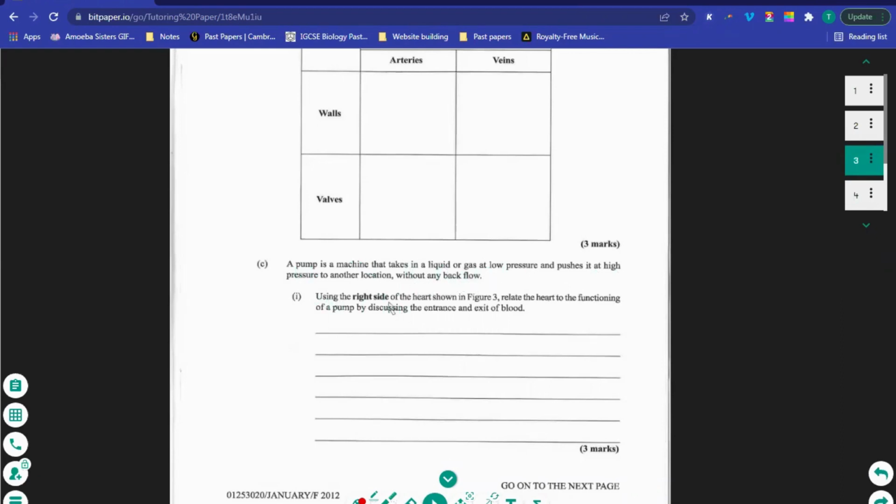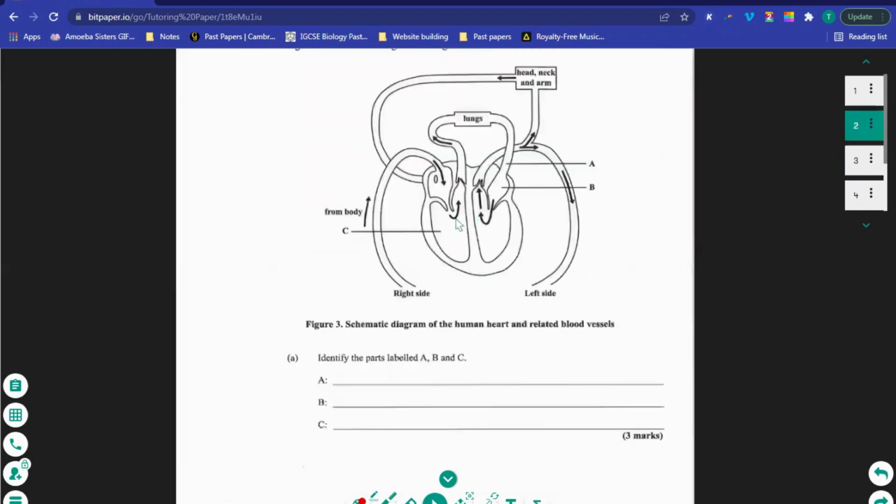So using the right side of the heart from the diagram above, relate the heart to the functioning of a pump by discussing the entrance and exit of blood. So we just have to talk about the right side. We're talking about the entrance, so how the blood gets into the right side of the heart, and the exit, how it leaves the right side of the heart.